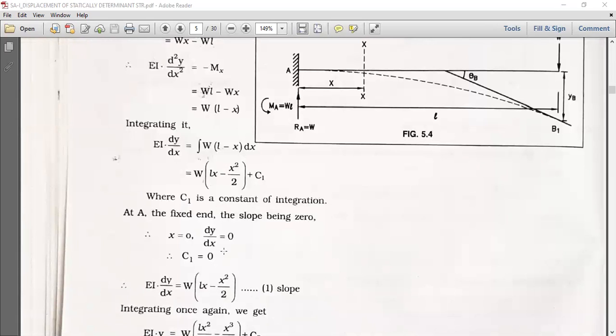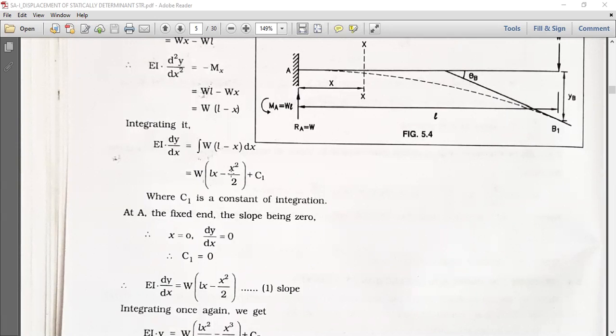Now to get the slope, we have to integrate it once. EI dy/dx is equal to the integration of W(L minus x) dx. To simplify it, put the W out.